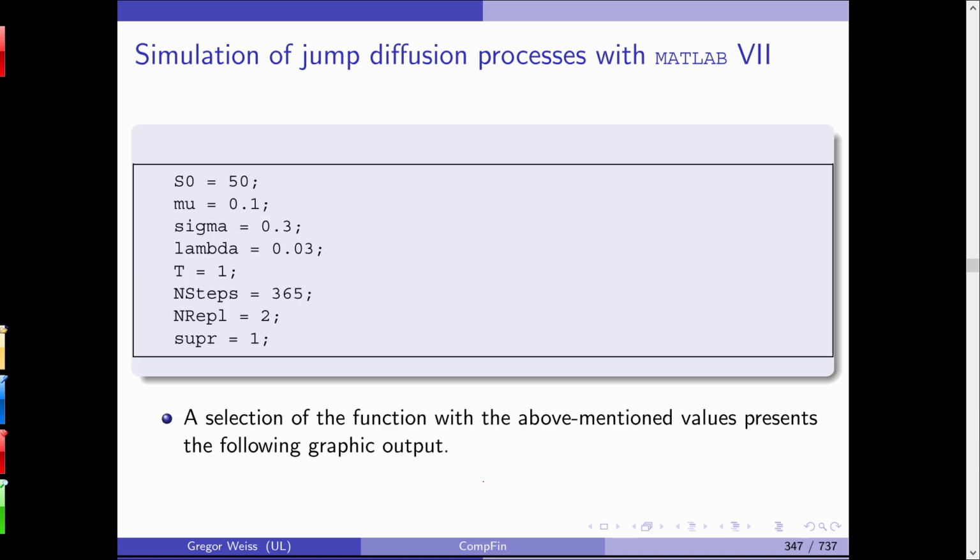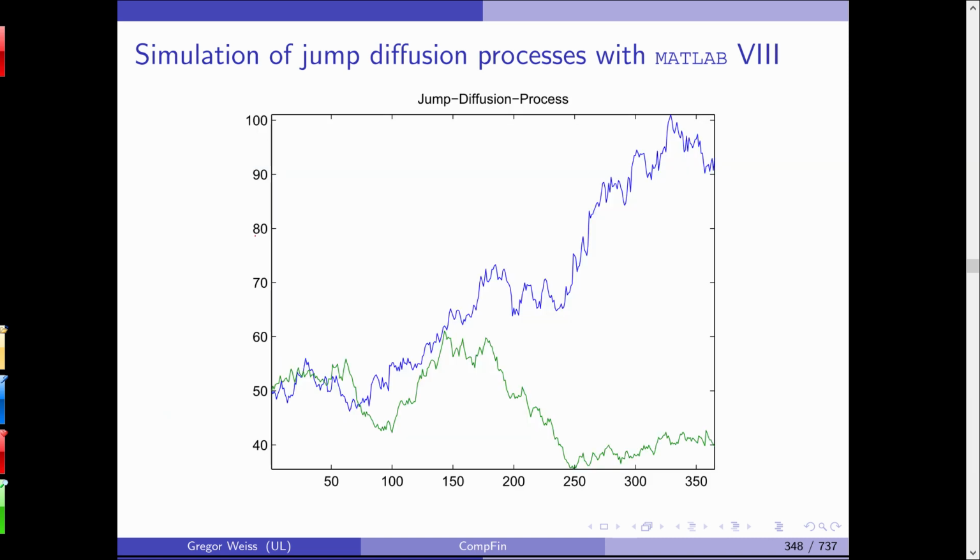And these are the parameters used. Again, mu 0.1, sigma 0.3, but now with an additional jump diffusion component. And these are two paths from this jump diffusion process.